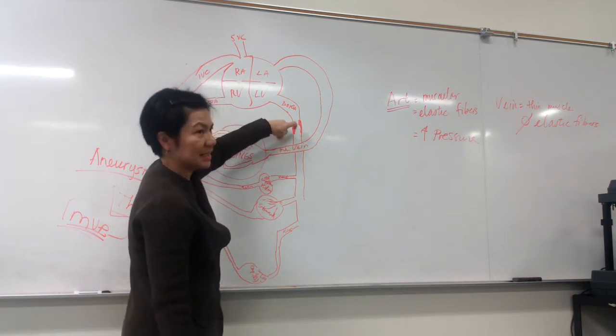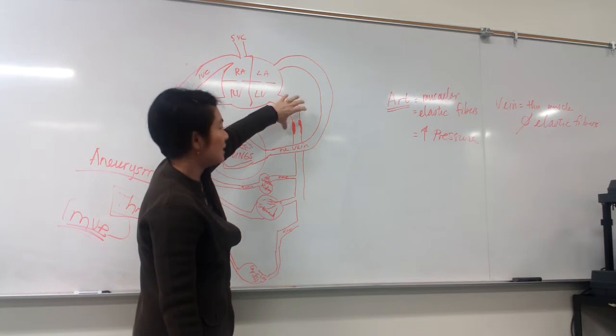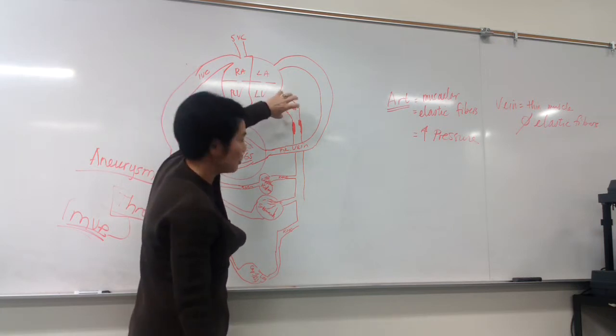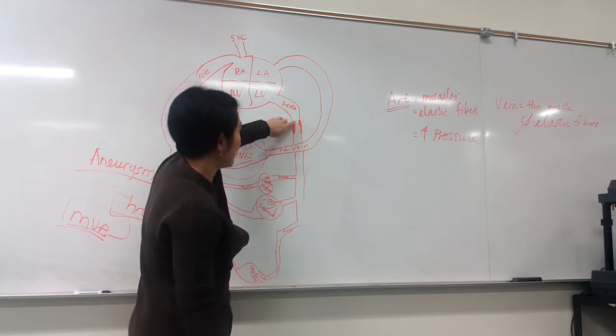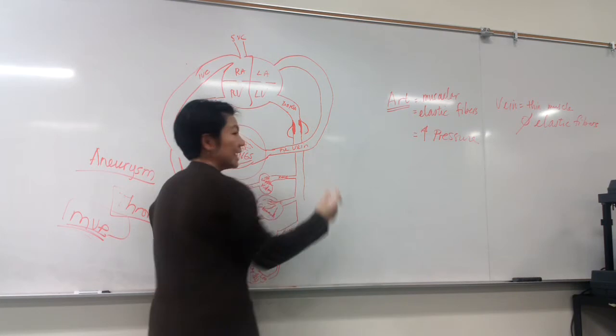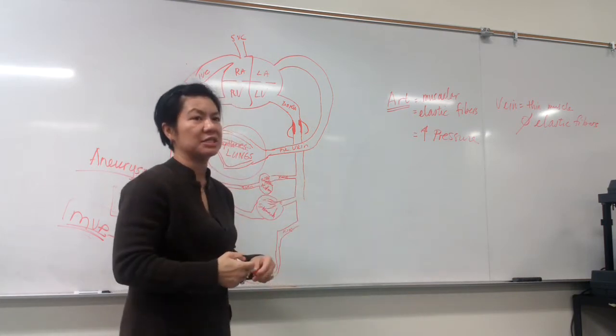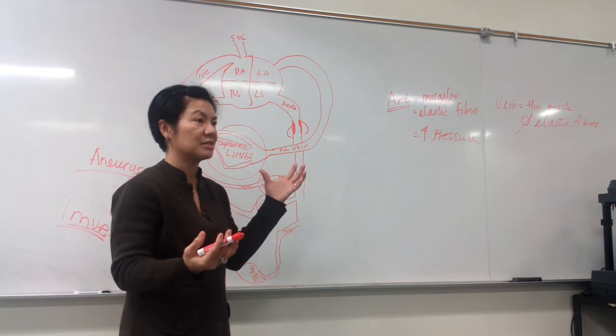So when this hardens, this will still contract, right? And if this contracts, it will try to push, and the elastic fibers can bulge. They can't just go back to their original shape because the elastic fibers are damaged.